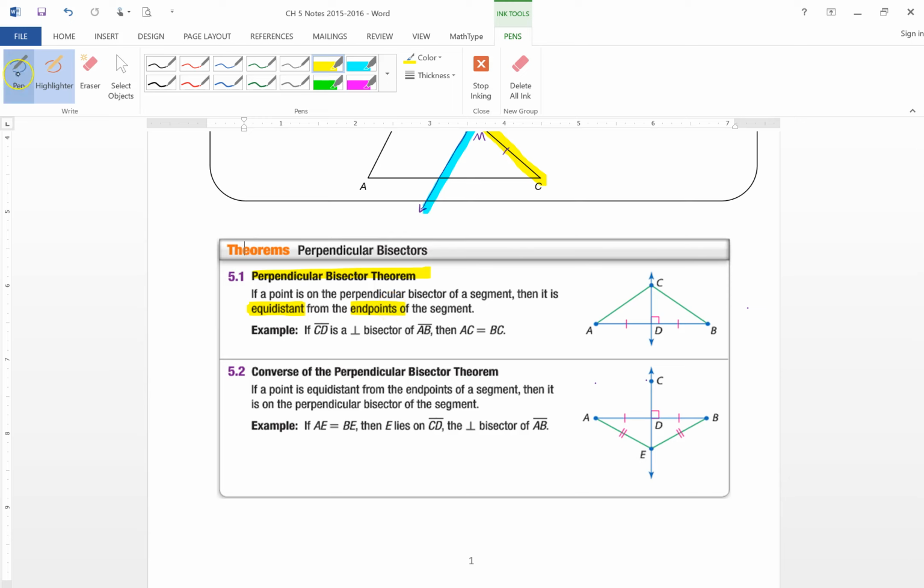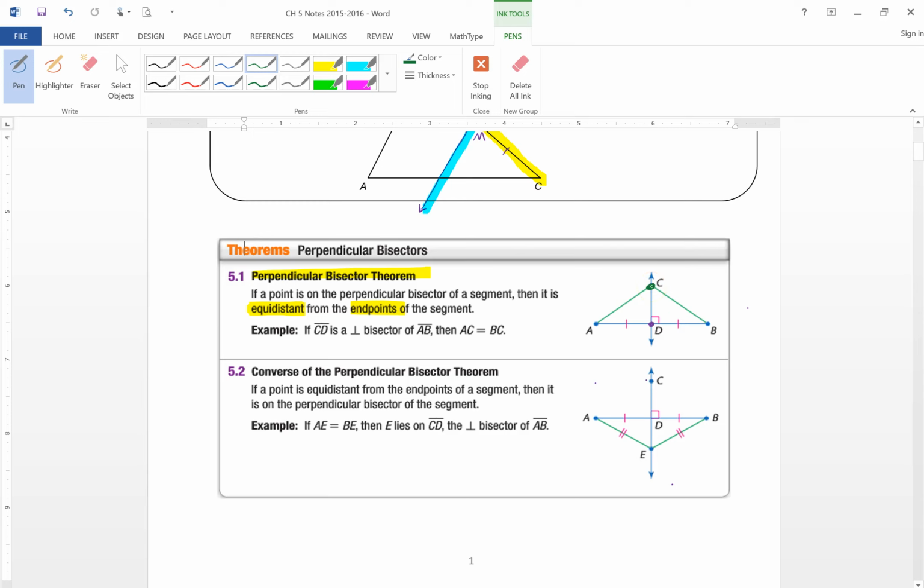So suppose here you have segment AB. This is the midpoint of segment AB, and here is the perpendicular bisector CD. Now, suppose you pick a point on that line. You randomly pick a point, C.